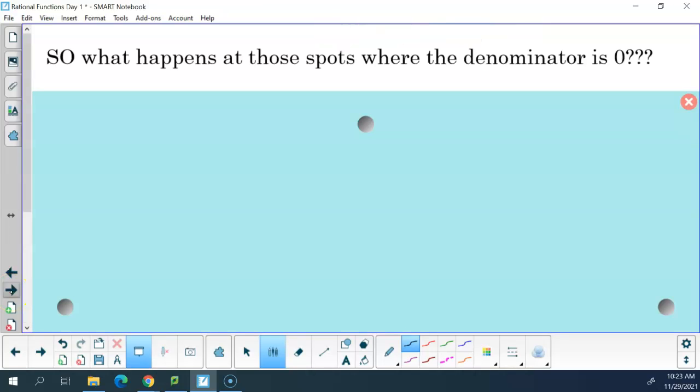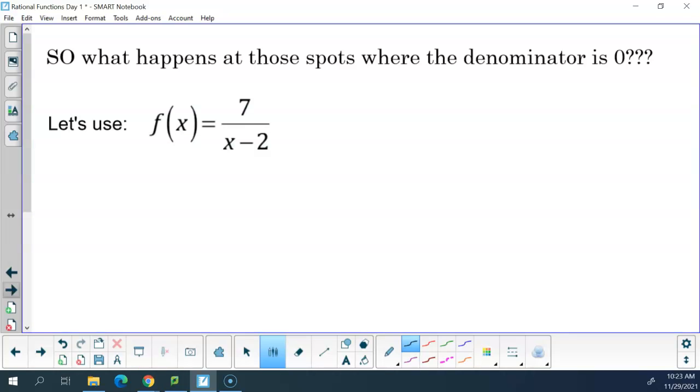Let's talk about where the denominator is 0. So in order to do that, let's use this function. So f of x is equal to 7 over x minus 2. The very first thing that we have to do is we have to find those exceptions.